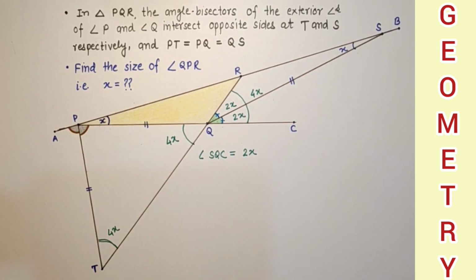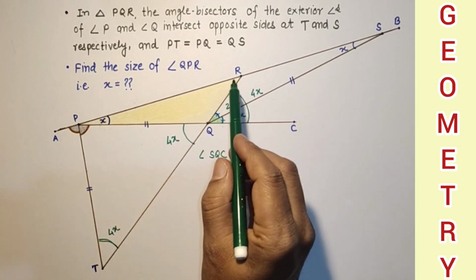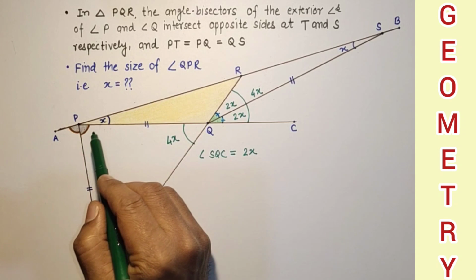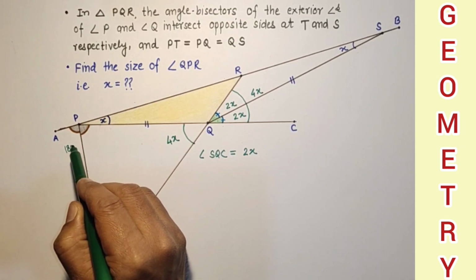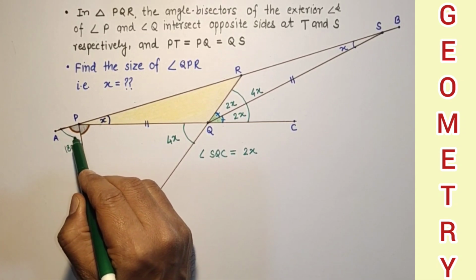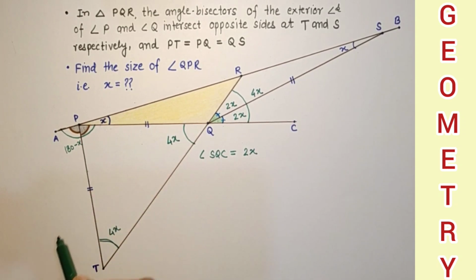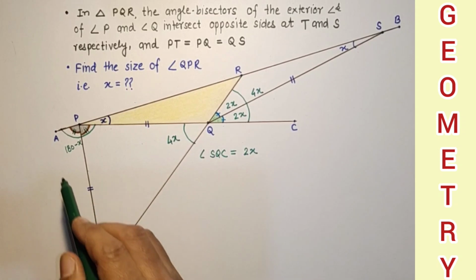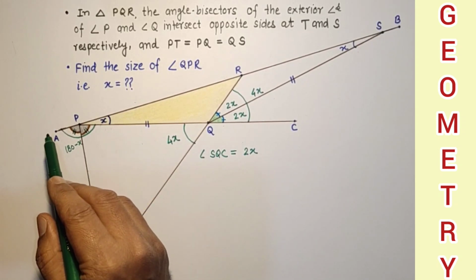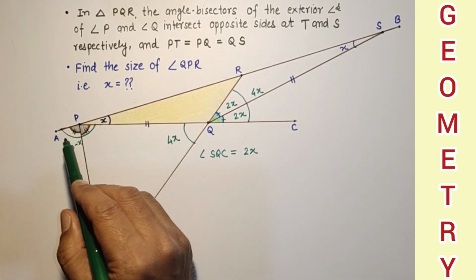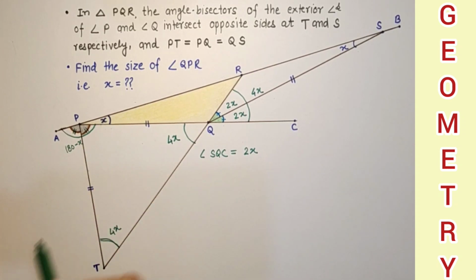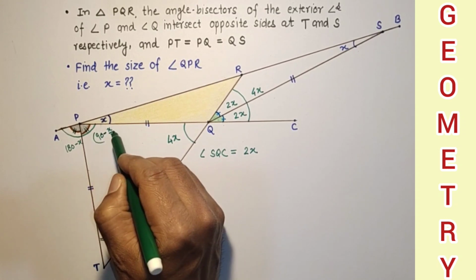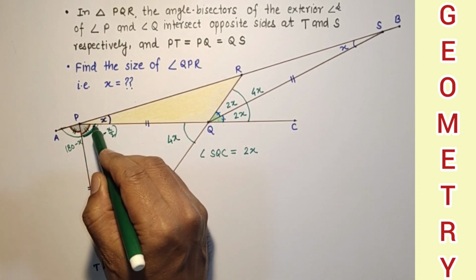And we can say that this RPA is a straight angle and this is X, so this will be 180 minus X. This whole angle is 180 minus X, but these two are equal since PT bisects this angle APQ. So 180 minus X divided by 2 will be 90 minus X by 2. This angle, only this angle is 90 minus X by 2.